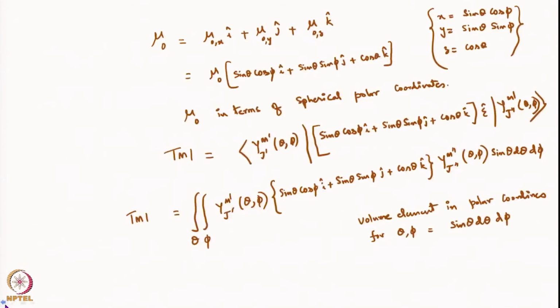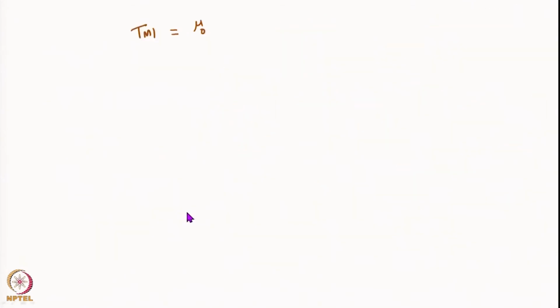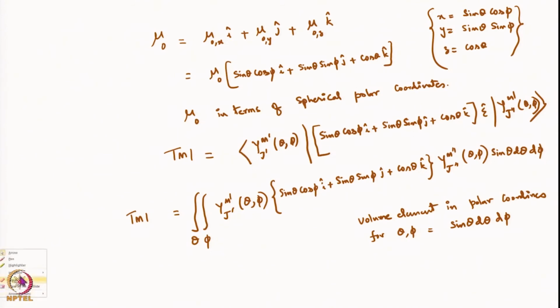So, TMI will now be equal to, I will take mu naught as common. By the way, there is a mu naught that I forgot, because it is a multiplier. So, mu naught.